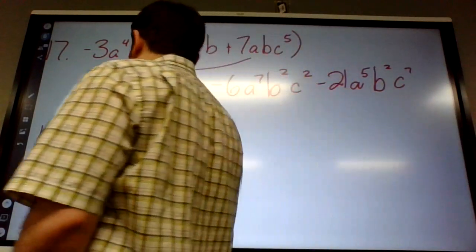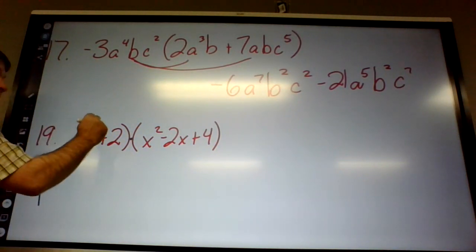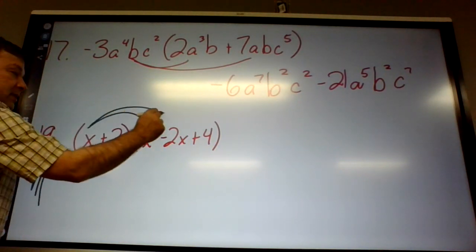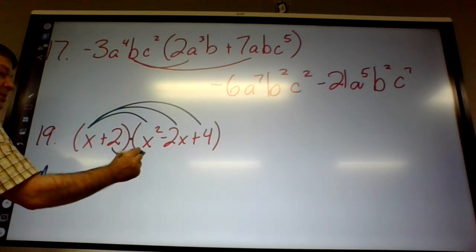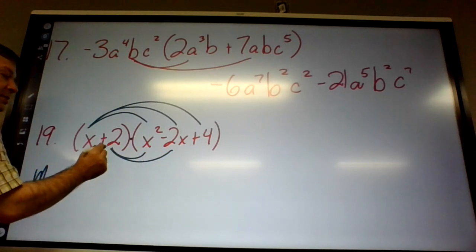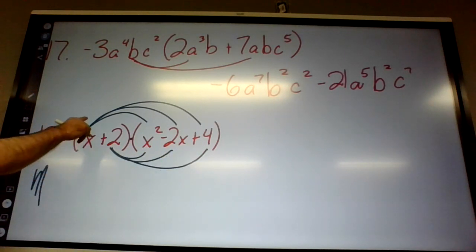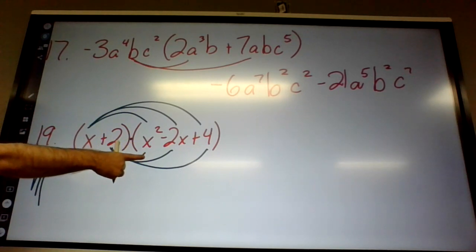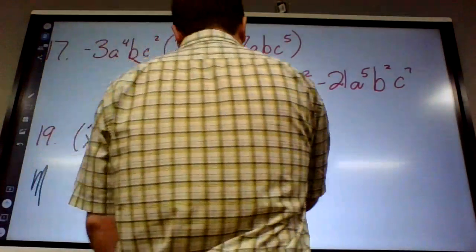Yeah, you're going to do x times everything and 2 times everything. All 3 terms. So after we're done, we should have 6 terms.